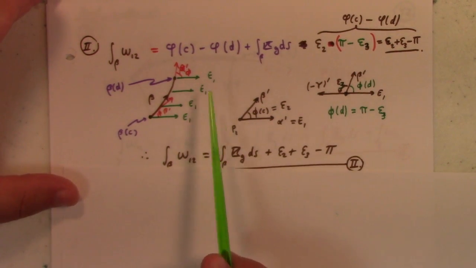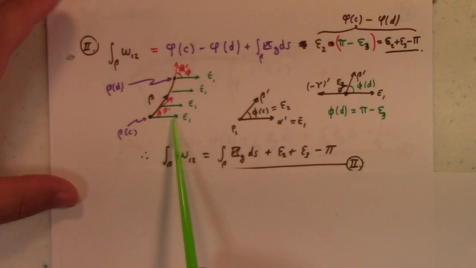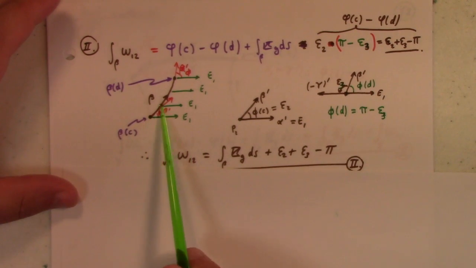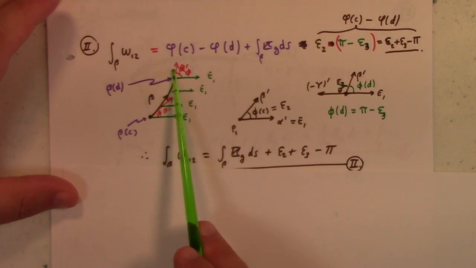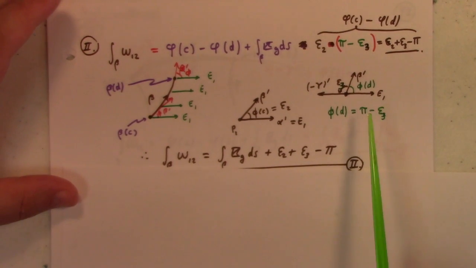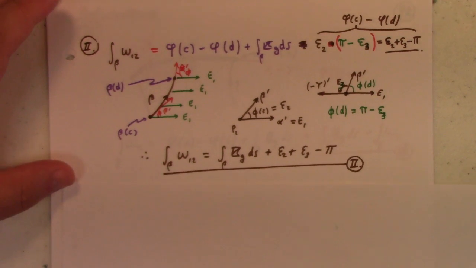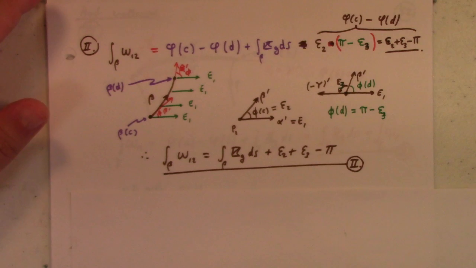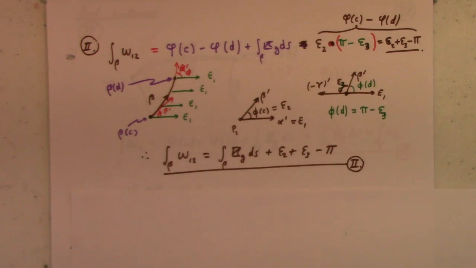Here's some attempts at a picture. So E1, E1, E1, right? And so this is the angle to start with, that's the angle to end with. And let's see, this picture could be improved slightly if I actually put in which vertex we're at. Let me do that.